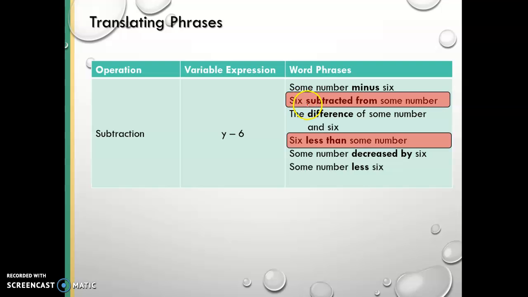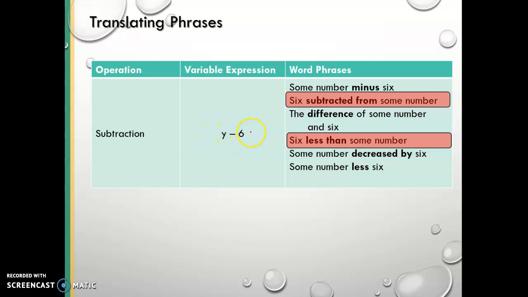Next, 6 subtracted from some number and 6 less than some number. If you notice, as I said earlier, order matters. Even if the phrase 6 subtracted from is written in the first part of the phrase, the representation is written at the end of the variable expression.